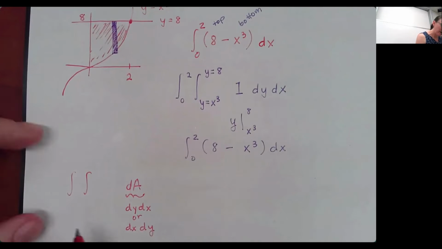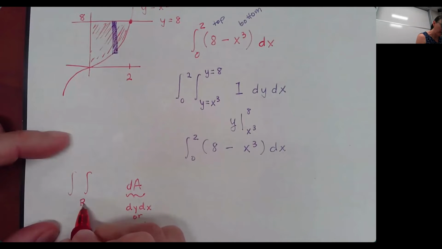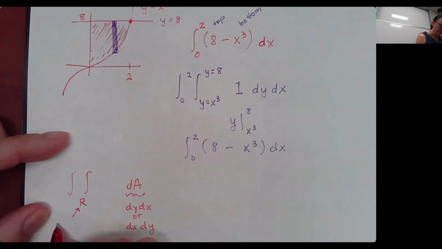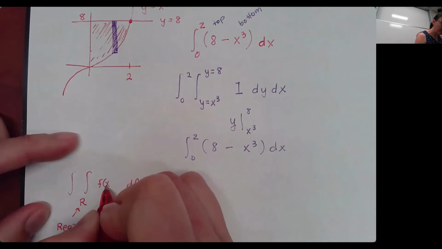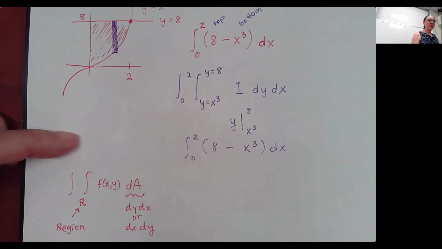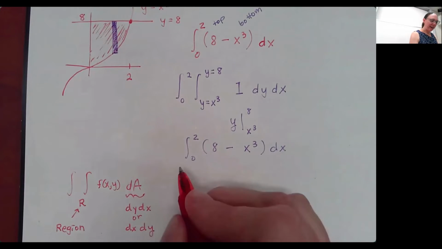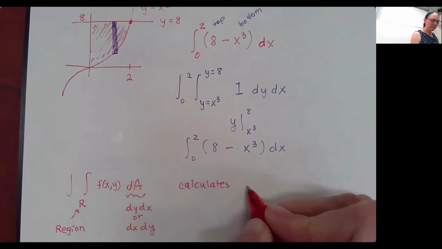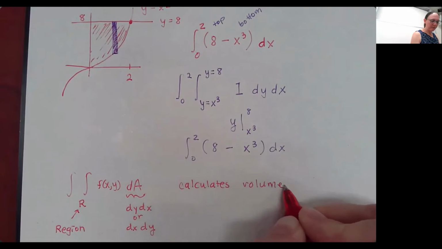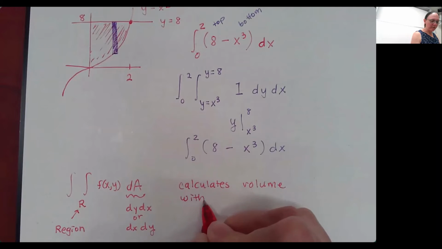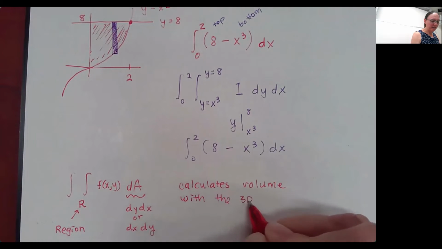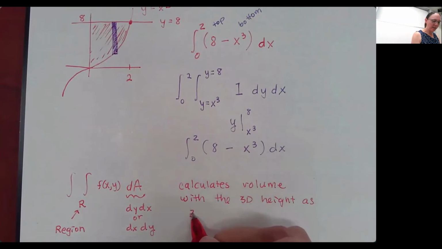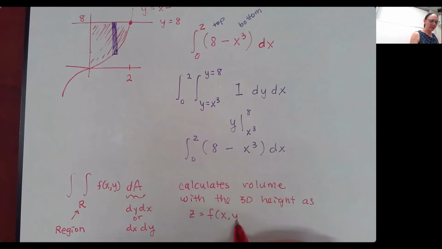And sometimes we write an R over here to mean the region. And we put a function inside here. This is calculating a volume with the 3D height, as z equals f of x and y.